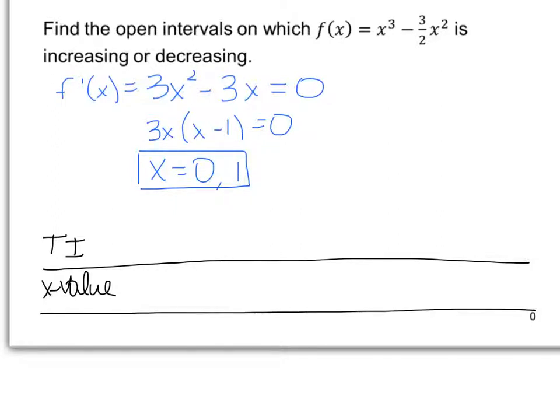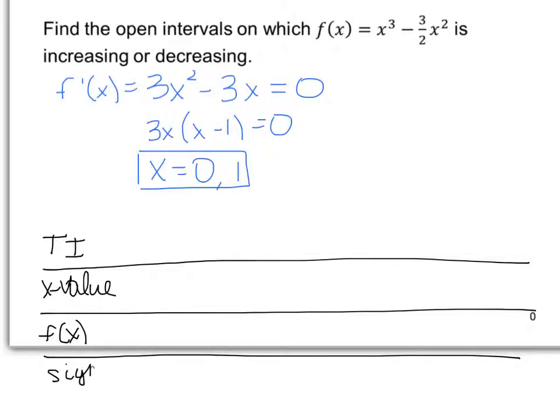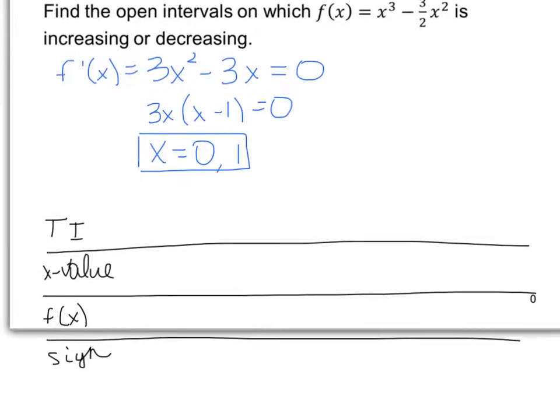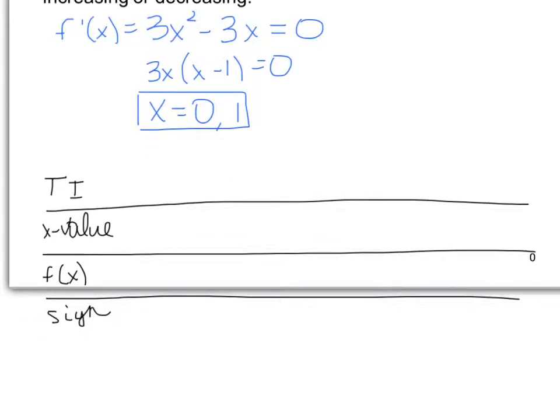Then I'm going to evaluate f of x. I'm going to look at the sign. And this is all we had to do in pre-calc. Now in calc, we're going to add one more element to it. We're going to have the conclusion column or row.